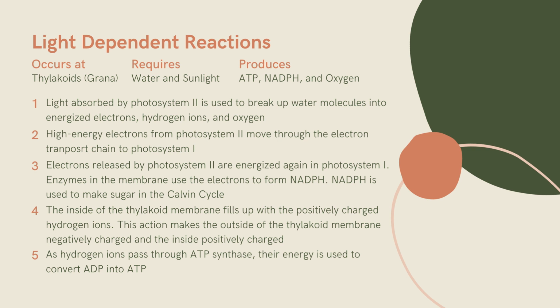Why is photosystem 2 named photosystem 2, and why is photosystem 1 named photosystem 1? Because photosystem 1 was discovered first, and after that photosystem 2 was discovered.